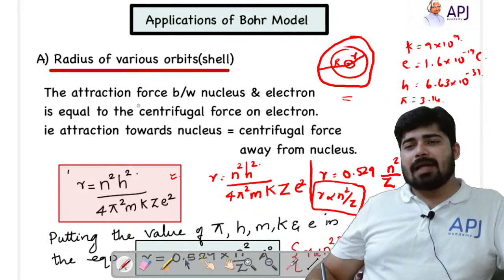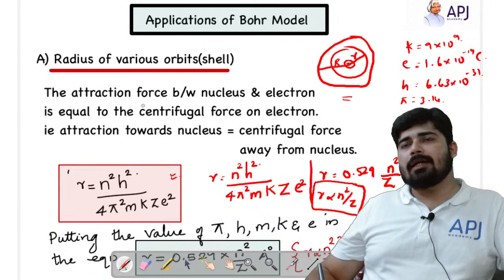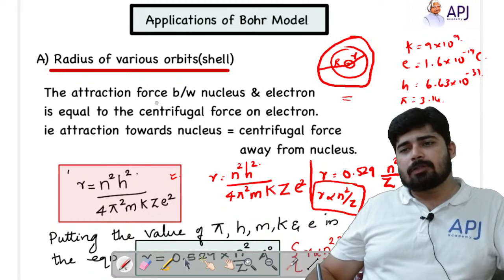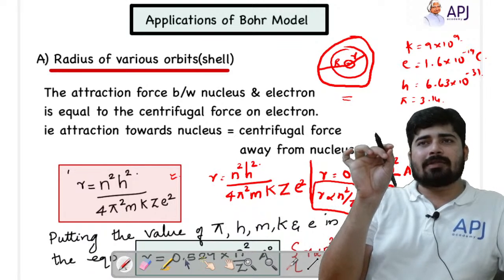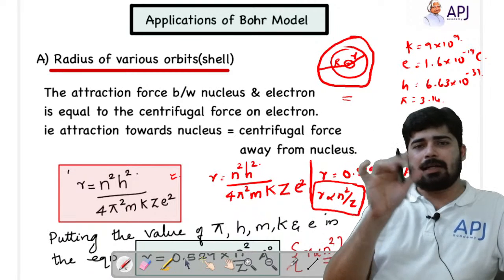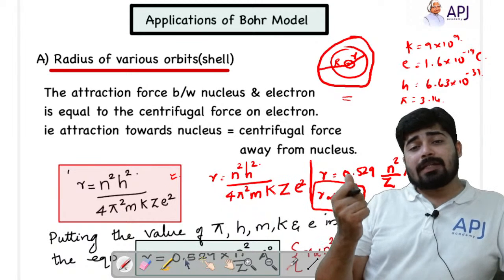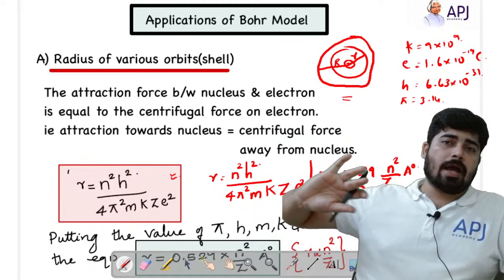So how do we calculate the radius? We do not require any derivation, but even then I can explain the concept. There is an electrostatic force of attraction between the nucleus and electron, directed towards the nucleus. And there is a centrifugal force which pushes the electron away from the nucleus.